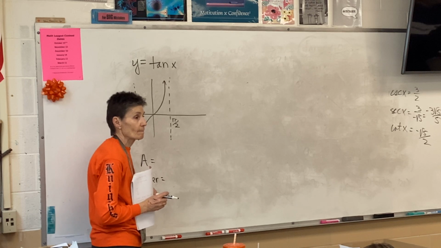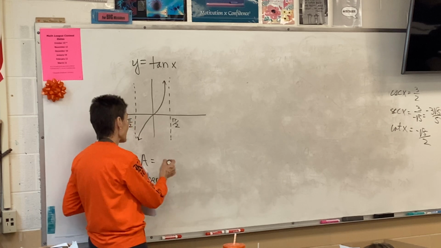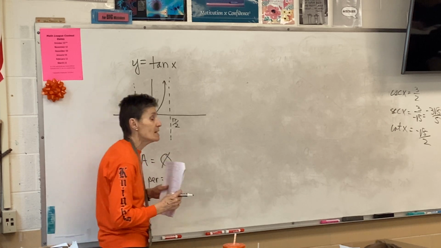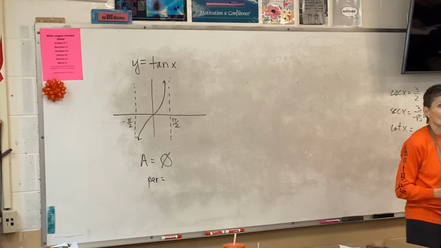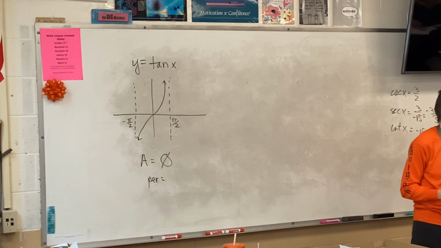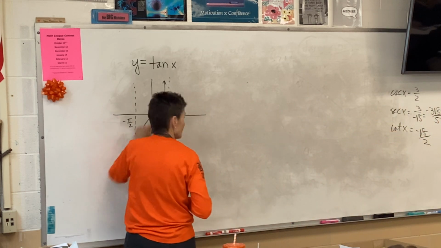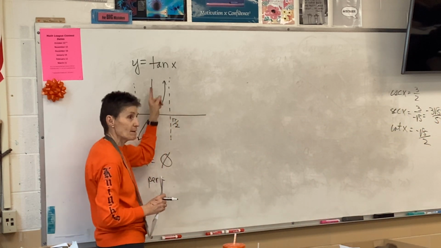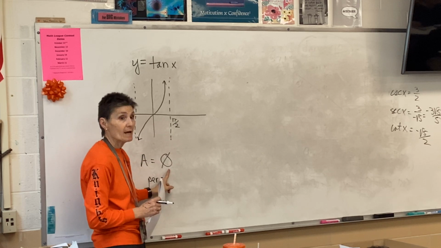Amplitude is infinite. Yes, and because it's infinite, we say actually there is no amplitude. Amplitude is height, and this curve really has no height. There's no stopping point. There's no label. This axis has no labels on it. So no amplitude, ever.